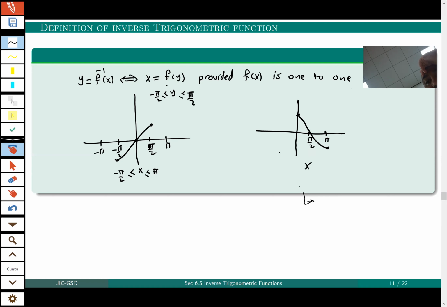Here, if we are speaking about y equals cosine x, our x should be between 0 and pi. But for the inverse, we are changing x with y, so we say cosine inverse of x equals y, which means x is cosine y. In this case, our y should be between 0 and pi.